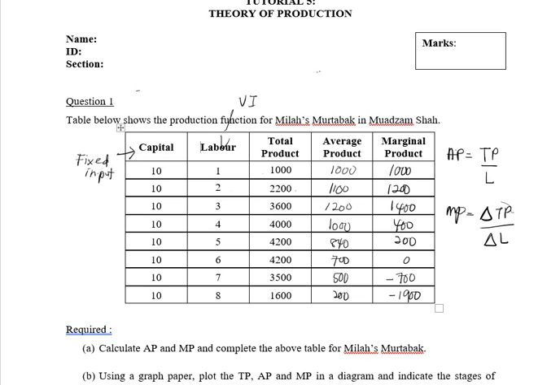You get negative because your total product has decreased, so there is no additional production in this case. And you get 0 here because the total product is not changing from 5 labour to 6 labour. There is no additional production, so the marginal product will be 0. Alright, so you have completed the table for question A.